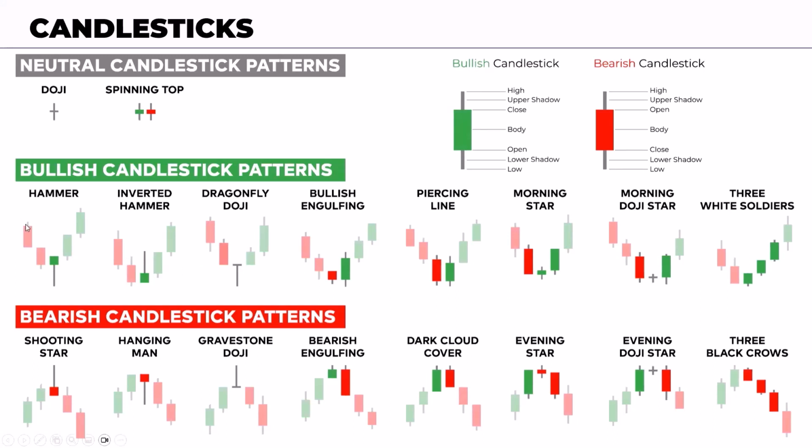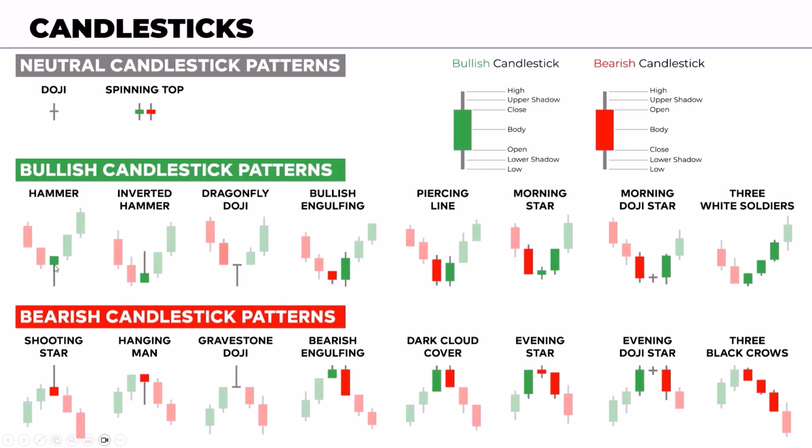when price is heading down, the bears will get exhausted. And so we look for exhaustion by what we call a hammer candle. That gives us this long wick here, which tells us that the bears couldn't close lower.